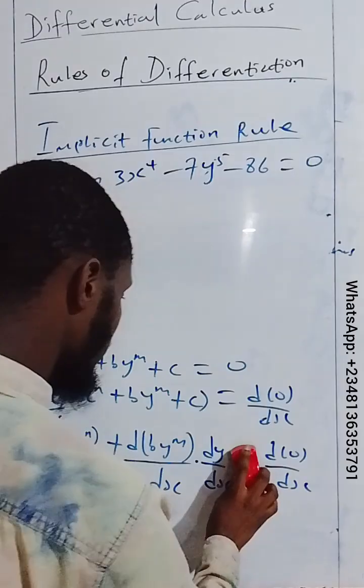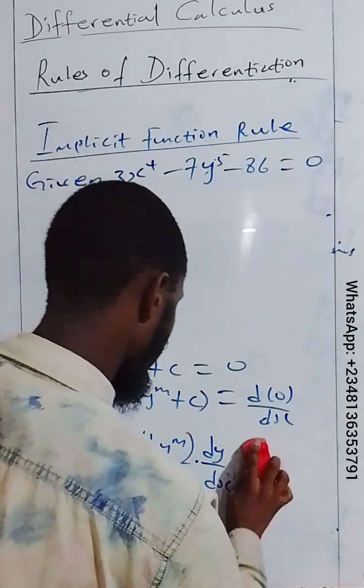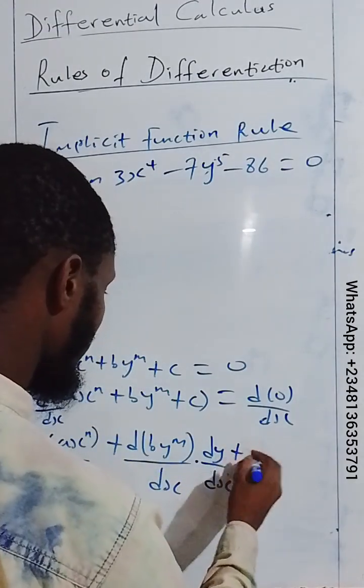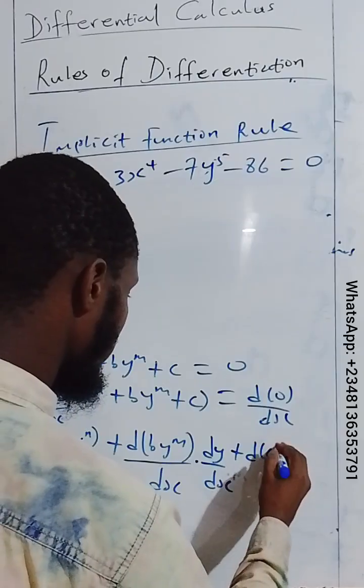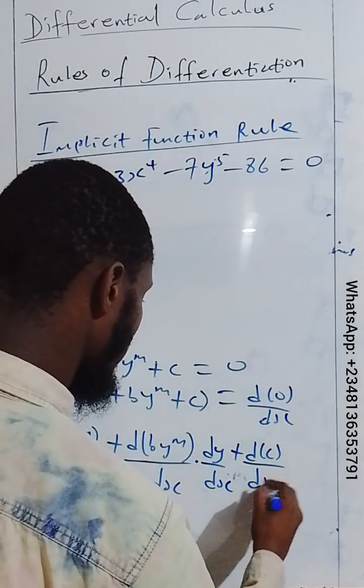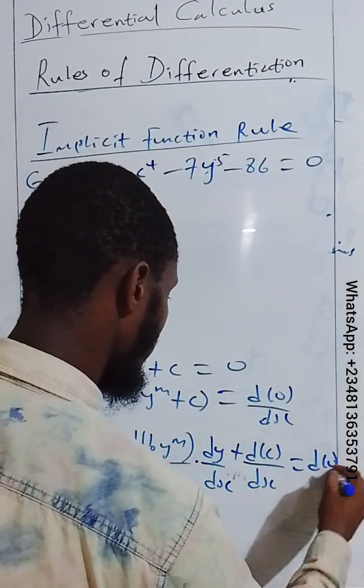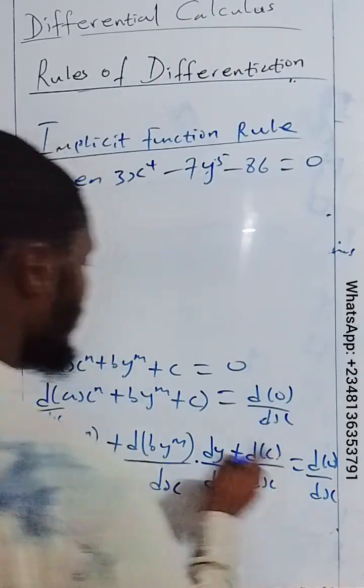Sorry, there's one thing missing here. I forgot to put dc/dx, then d0/dx. Please take note of that.